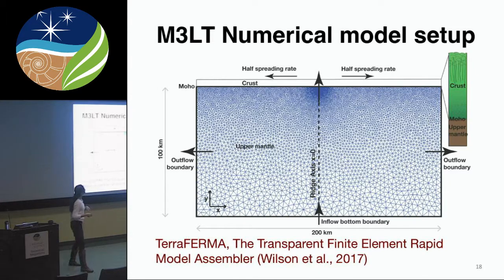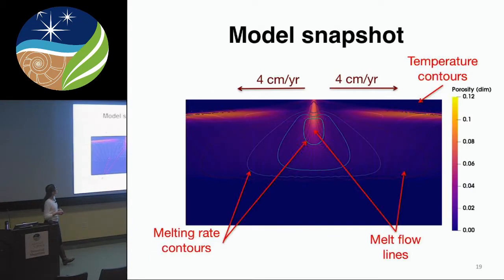Okay, so that's my numerical setup. So let's go to the models themselves. I want to show you a video, but before I do that, I just want to go through very quickly what it's going to roughly look like. So for an intermediate spreading rate of 4 centimeters per year, there's lines. That's kind of hard to see, I realize. That's the melt flow line, so this follows melt.